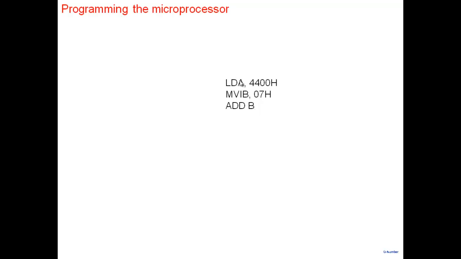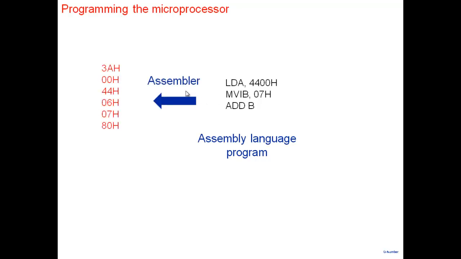So when I write in mnemonics like this, what we generally call is an assembly language program. But remember, the microprocessor will understand only 0s and 1s. So I need an assembler. I can write a program in a language like this, LDA, MVI B and all that, but I need an assembler which will convert each one of those mnemonics into the proper bits corresponding to those instructions.